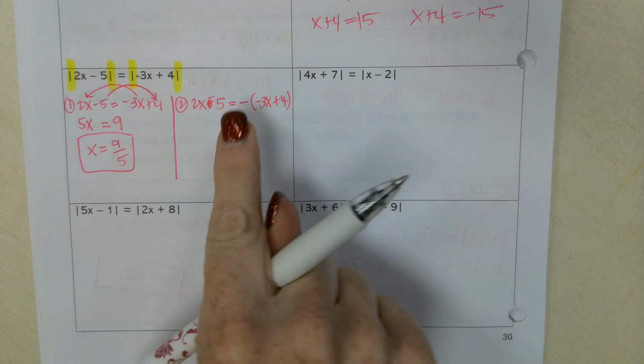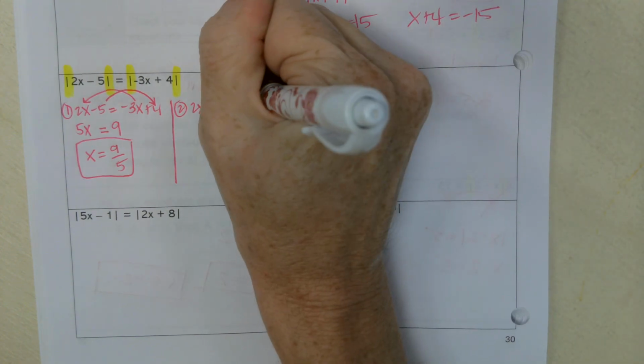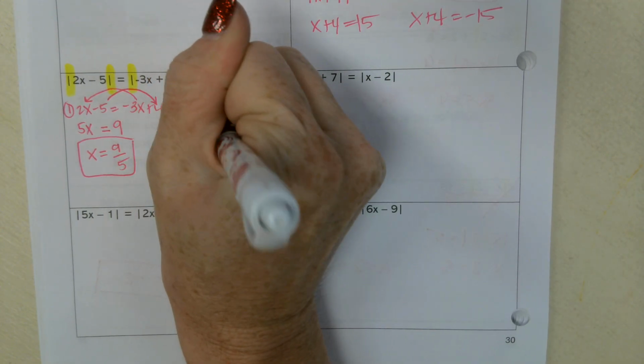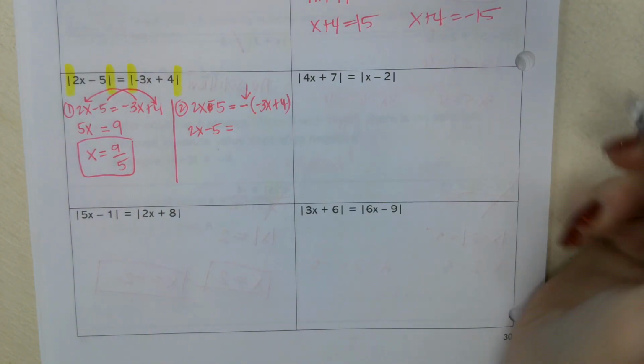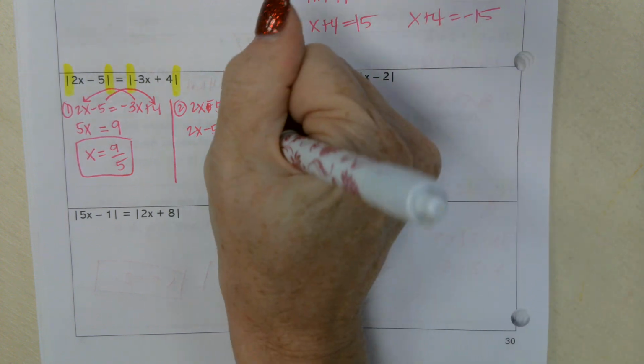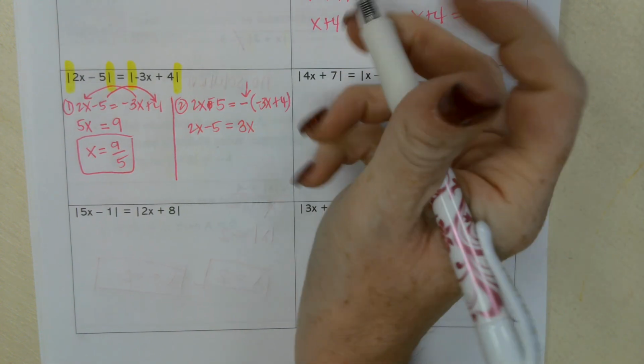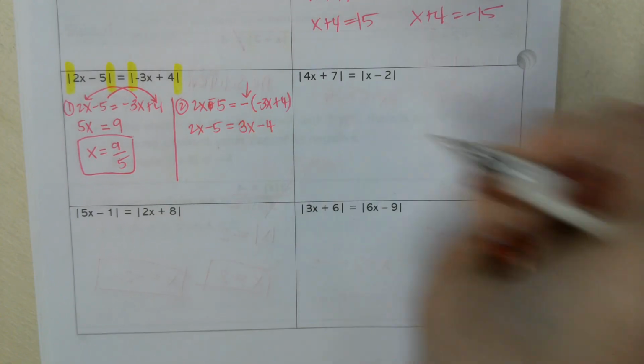Okay? Now right here, the very first thing you need to do is distribute this negative to change those signs. A negative 3x becomes a positive 3x, and the positive 4 becomes a negative 4.